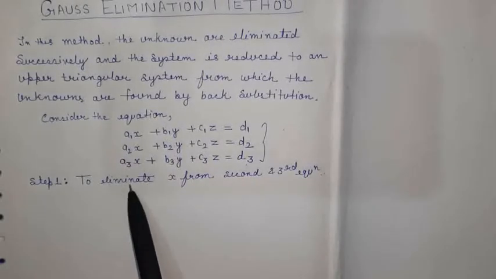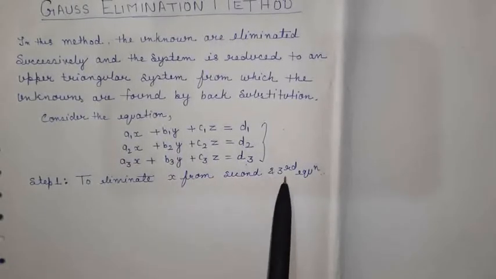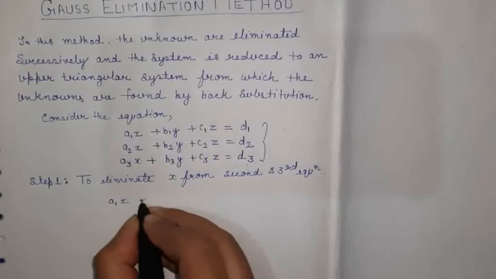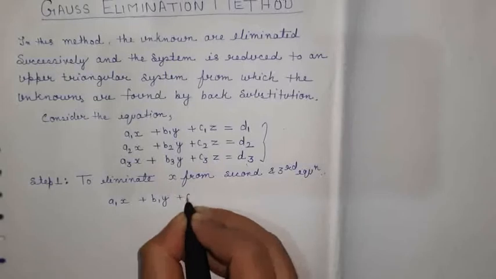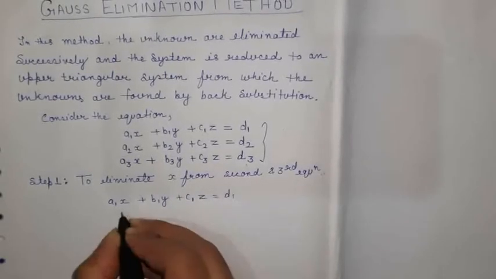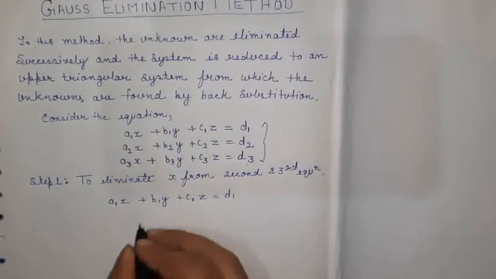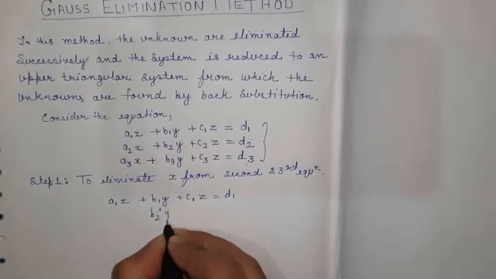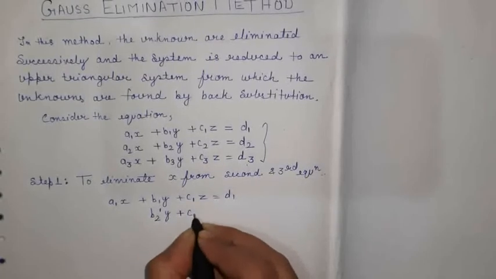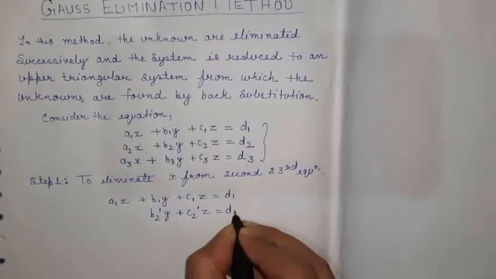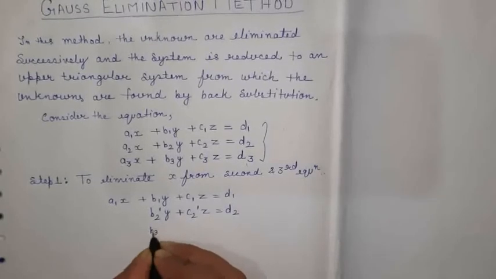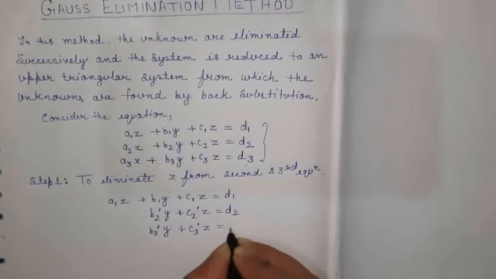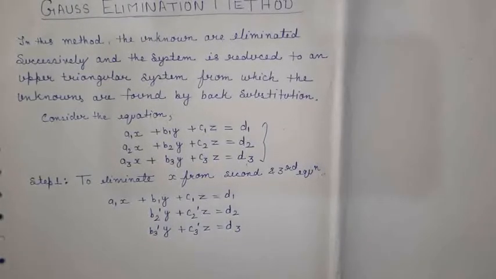After eliminating, the first equation will have no changes, it will be written like this only. The second equation will change to b2 dash y plus c2 dash z equal to d2 dash, and the third will become b3 dash y plus c3 dash z equal to d3 dash. This is our first step.